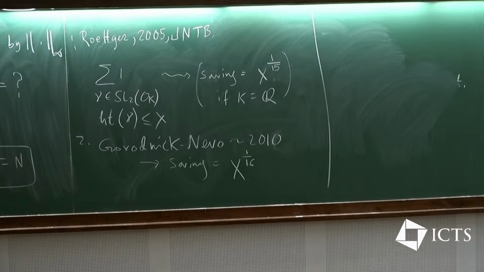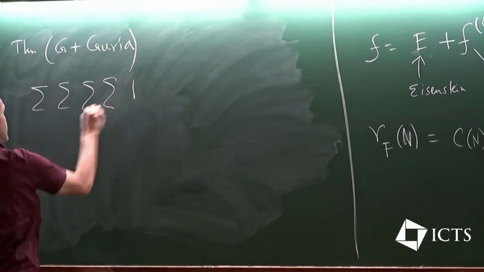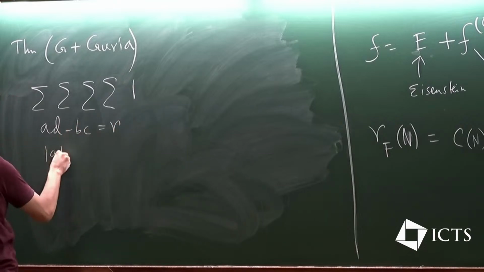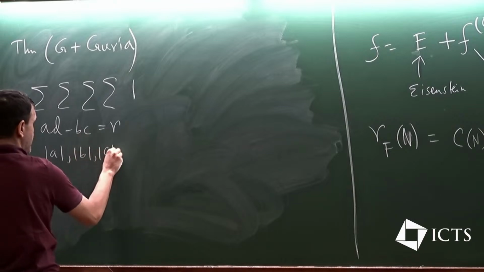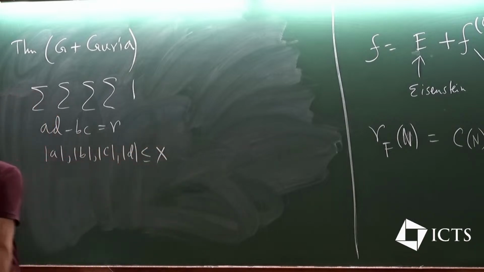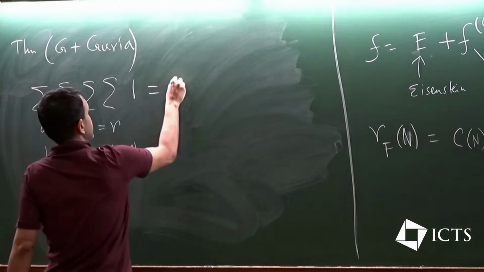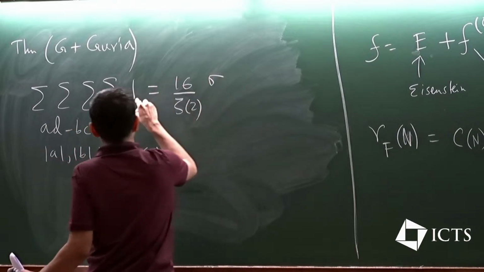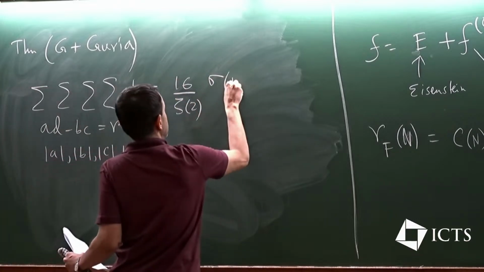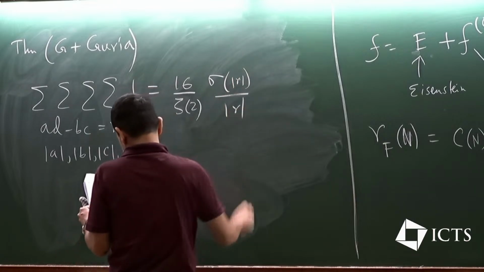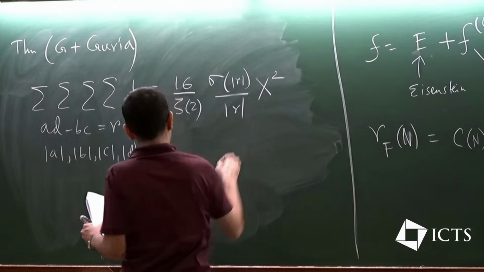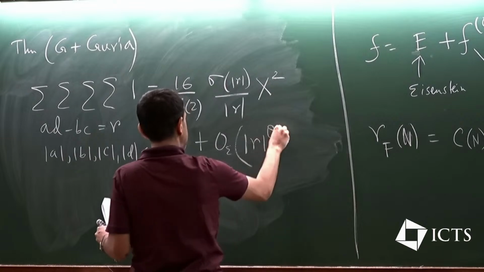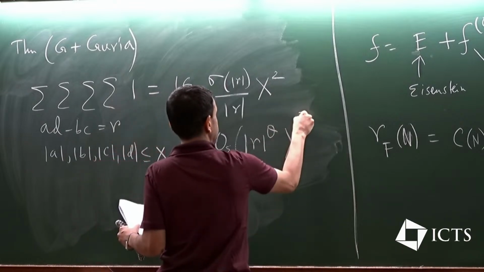So the sum over ad minus bc equal to R, with these entries up to X, is 16 by zeta 2 times sigma of mod R by mod R times X square, plus O of epsilon, mod R power theta, X power 3 by 2 plus epsilon.